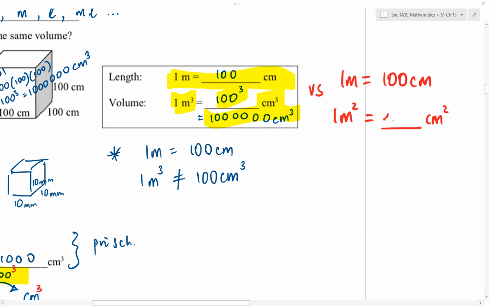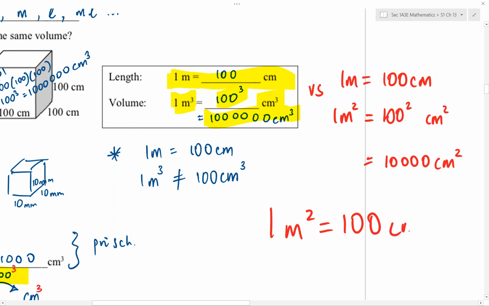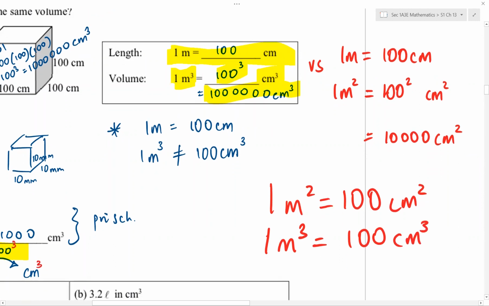We are going to square 100, squared to give us 10,000 square centimeters. Okay, I was telling my previous class, I do not ever want to see this: 1 square meter equal 100 square centimeter. Wow, 1 cubic meter equal to 100 cubic centimeter.